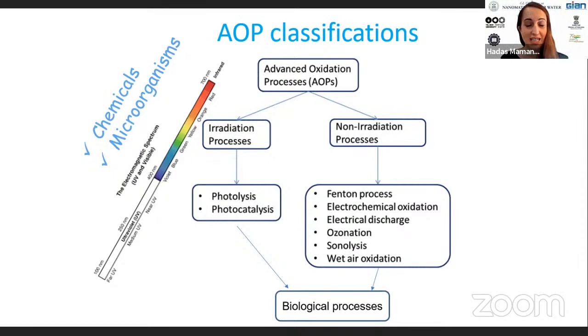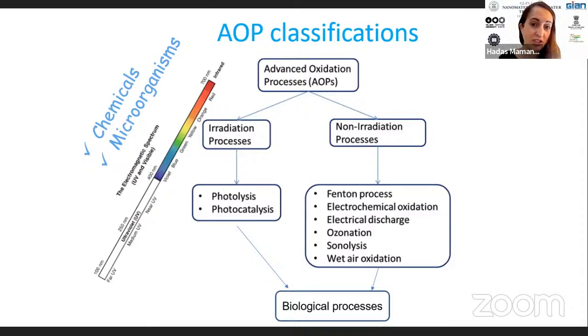Of course, in these cases, we must target the catalyst to absorb in the UVA-visible range in order to reduce the cost of the LEDs. If we look at the electromagnetic spectrum, the UVC LED range is up to about 285 nanometers, and these are more expensive.